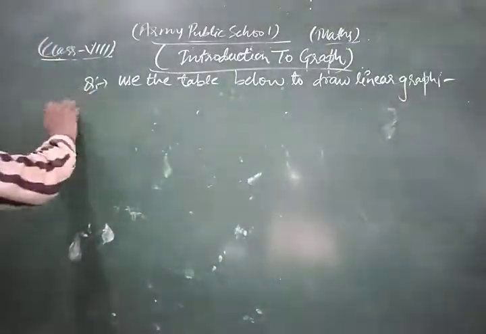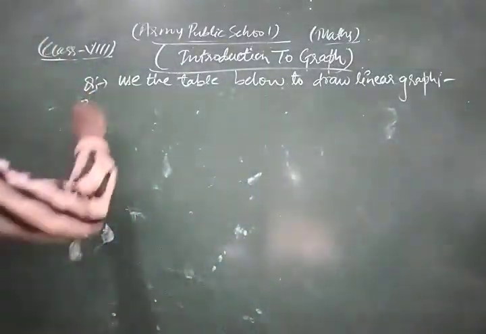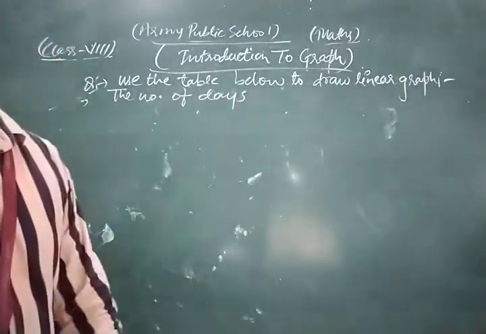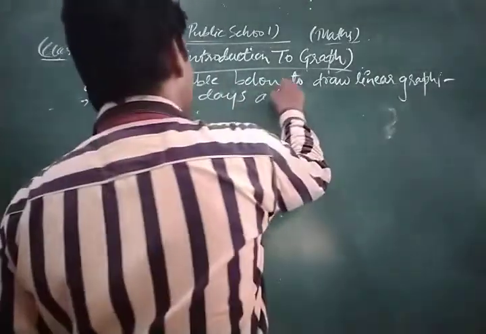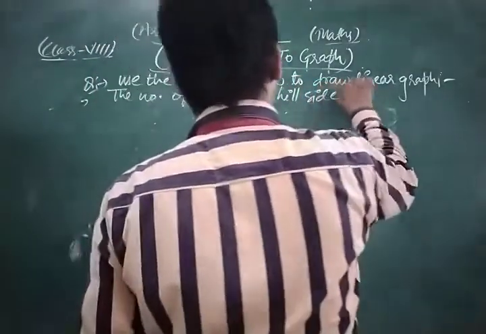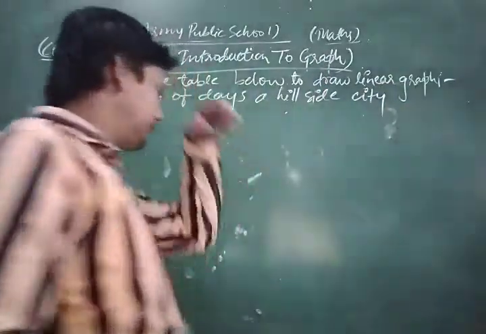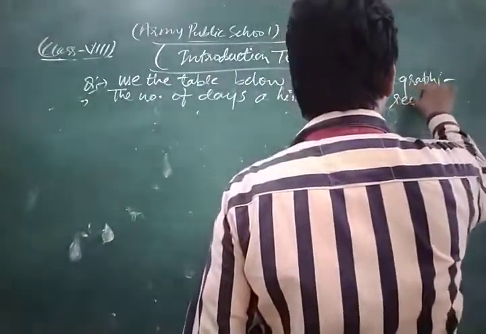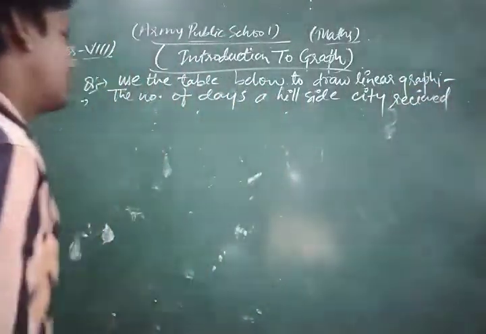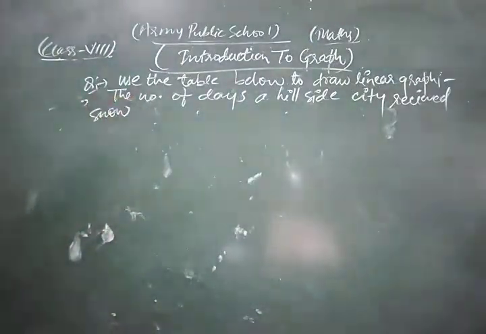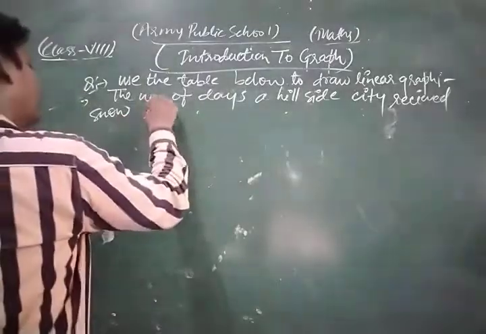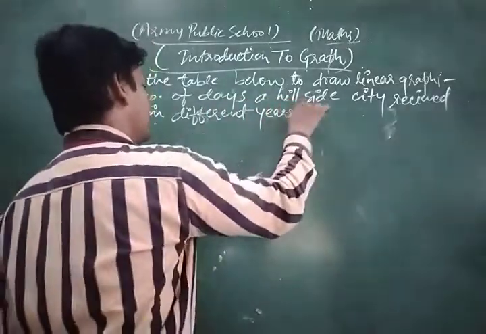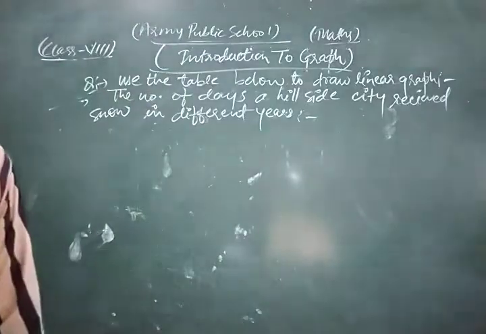The first part of the question is the number of days a hillside city received snow in different years.